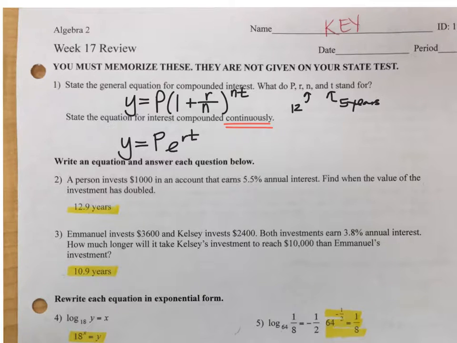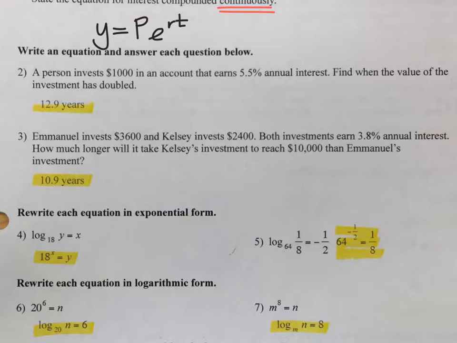For each of these questions, if I look at question 2, I want to see first which type of interest this is. It just says annual interest, which means I'm not going to use the continuous or Pert formula. I need 1,000, that's my starting value.